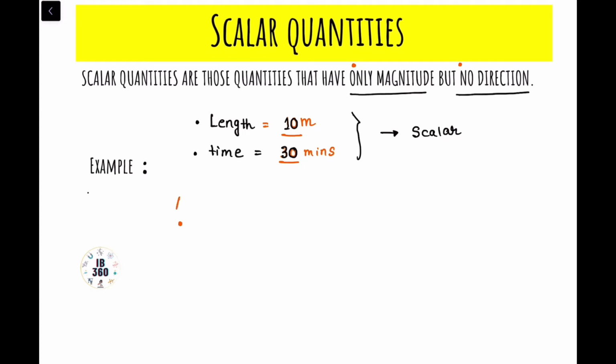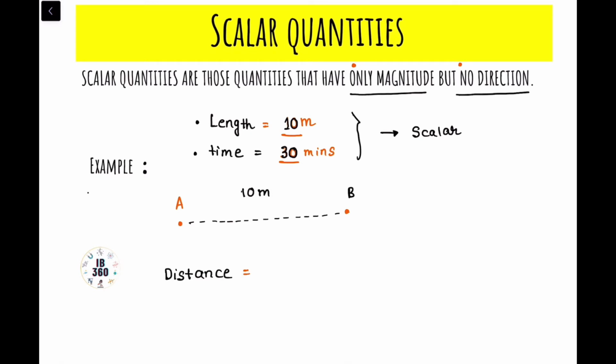Suppose I take an example. Suppose you are at point A and you travel some distance, say 10 meters, and you reach point B. What is the distance traveled by you? We know that distance is nothing but the length of the path traveled by you.